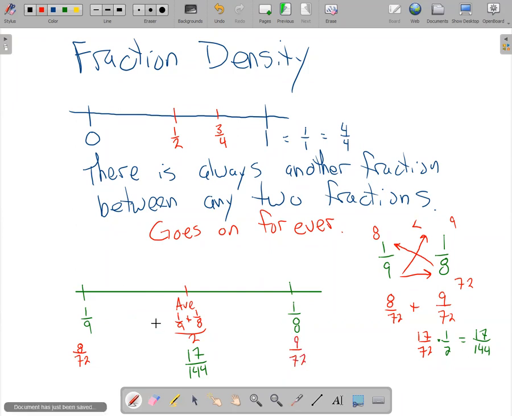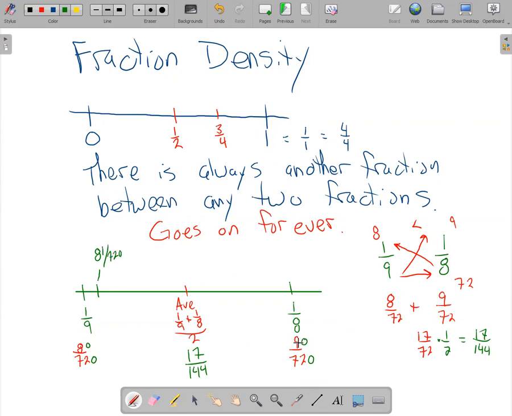Now, as far as whole number numerators go, there's no whole number between 8 and 9, but I could rewrite this as 80/720, and this one as 90/720. Can you think of any numbers between 80 and 90? Sure, like 81. So somewhere right around here would be the number 81/720.